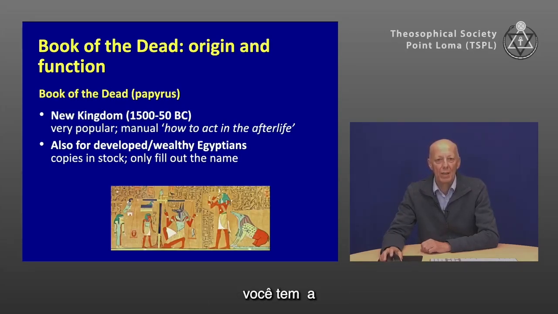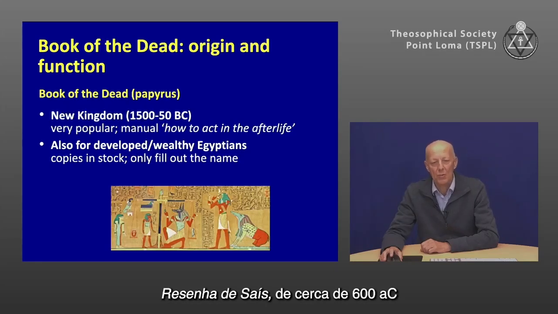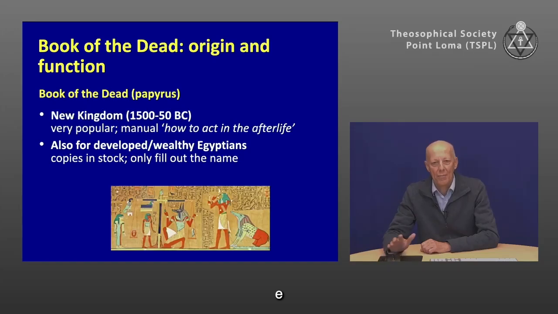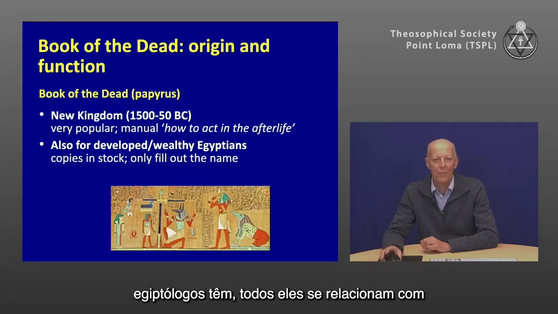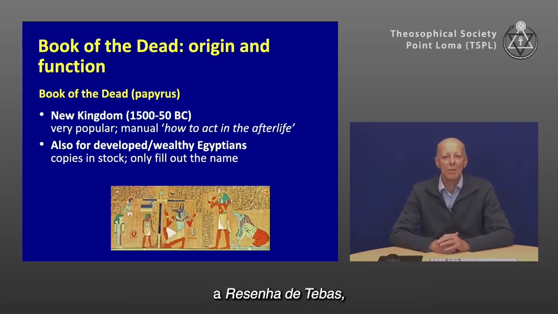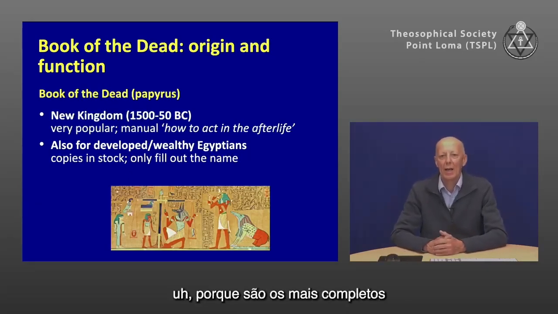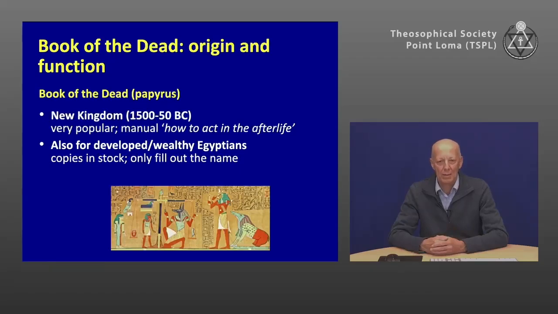You have the recension from Sais, from about 600 BC. And most of the knowledge that Egyptologists have all relates to the Theban recension, because it is the most complete that is still available.